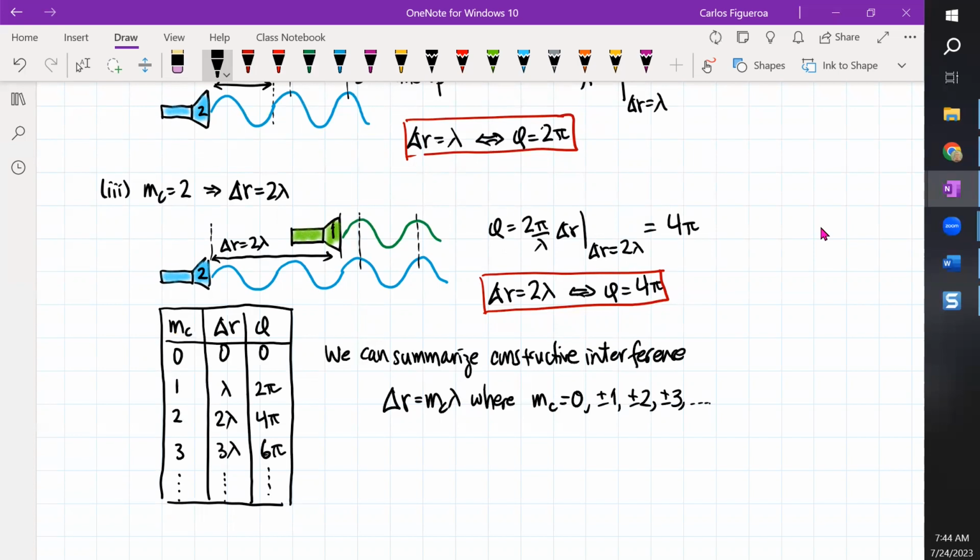Or I could say that the phase can also be 2 pi MC, and it tells me exactly the same thing.